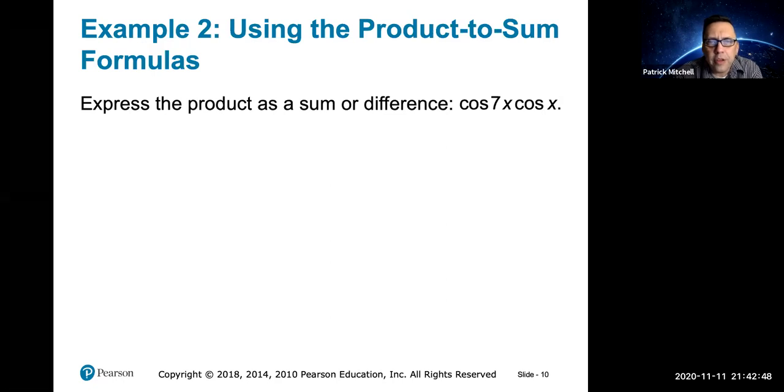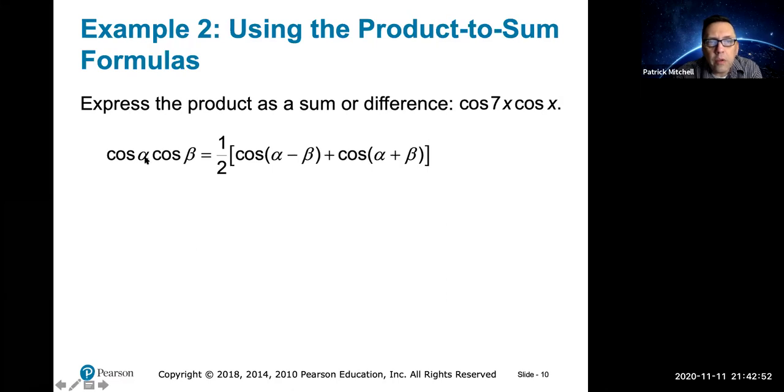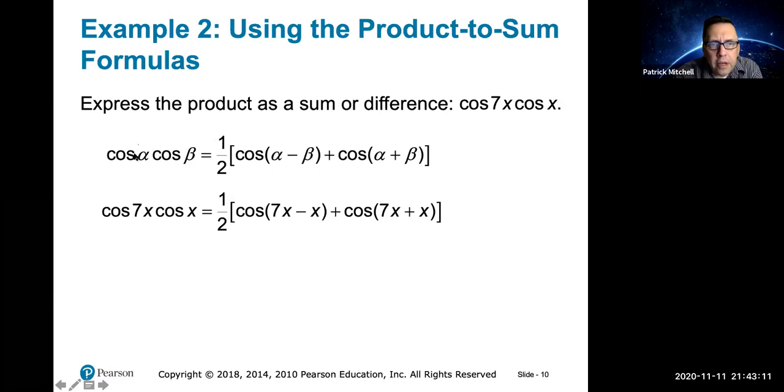All right, so hopefully you've tried that problem. The formula for cosine alpha cosine beta is the one we're going to use here. So that's 1/2 times the quantity cosine alpha minus beta plus cosine alpha plus beta. All right, so in this problem, playing the role of alpha is 7x.